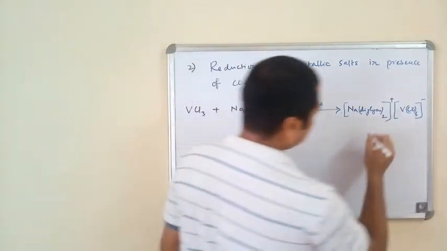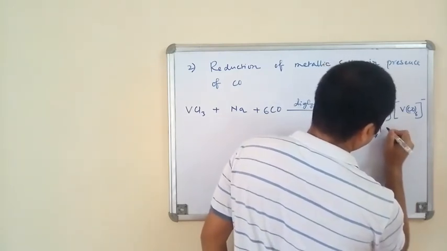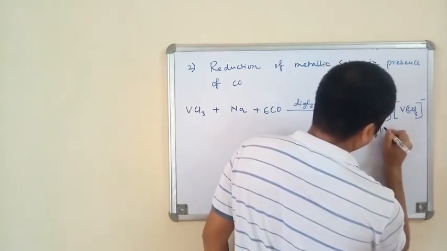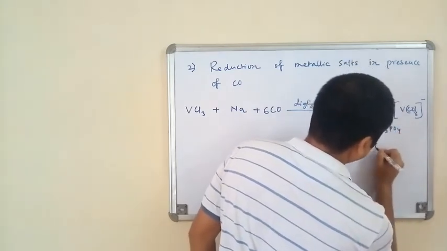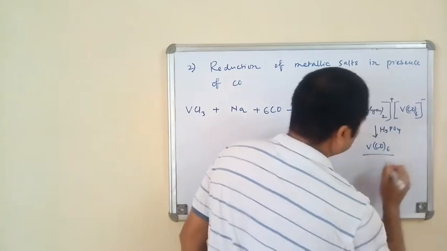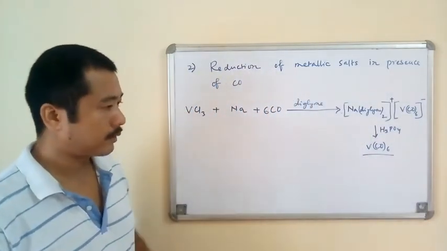After this, you can oxidize the carbonylate anion with H3PO4 to give us neutral vanadium hexacarbonyl, which is a 17 electron complex.